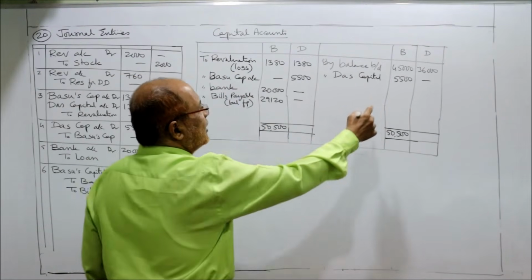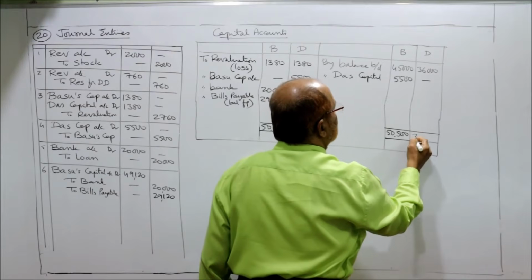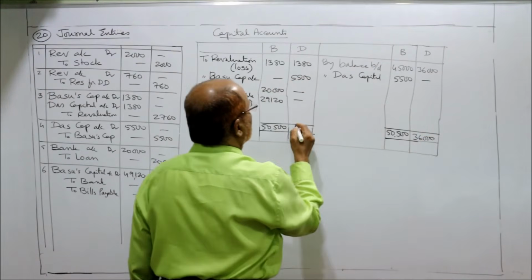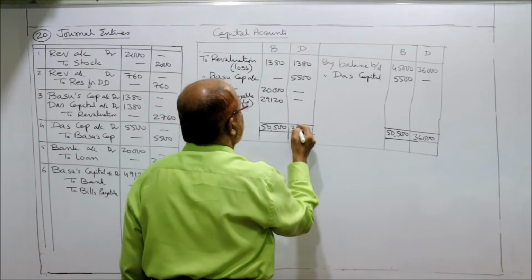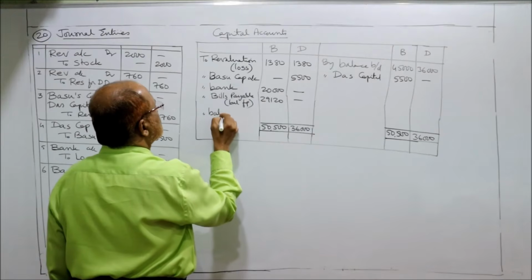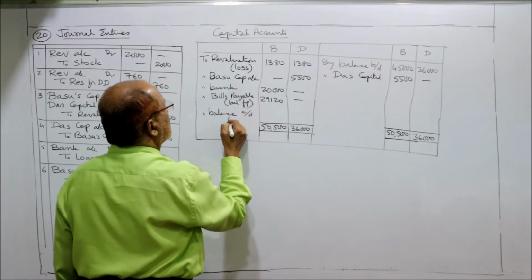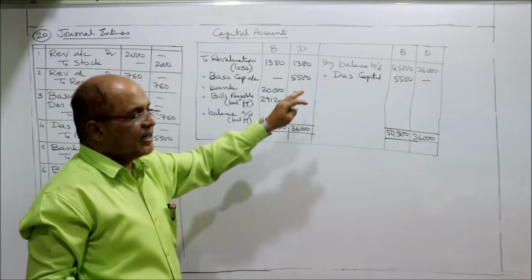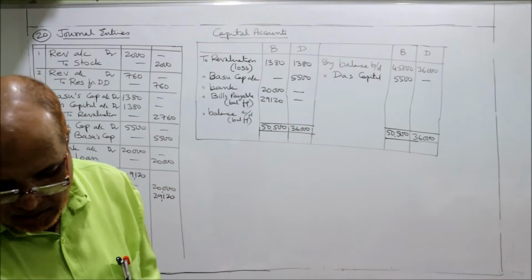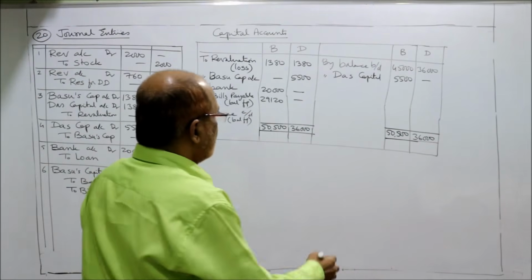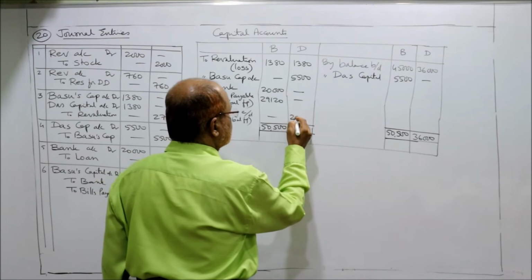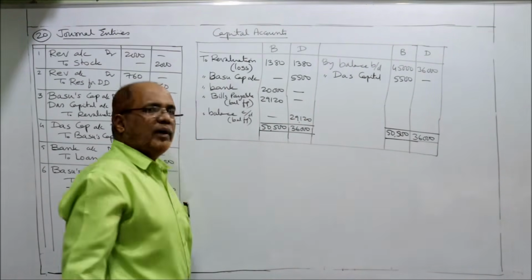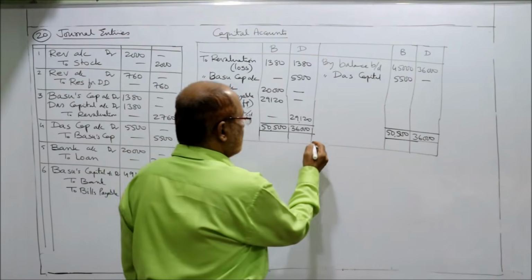This one is over. Now credit side Das is 36,000. Here also 36,000. To balance carried down, here balancing figure. 36,000 minus 1380 minus 5,500. You are getting 29,120. 29,120 is the closing balance.